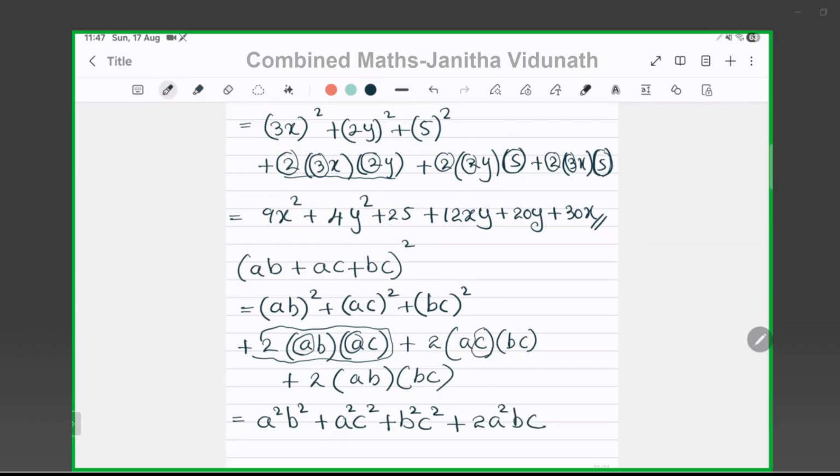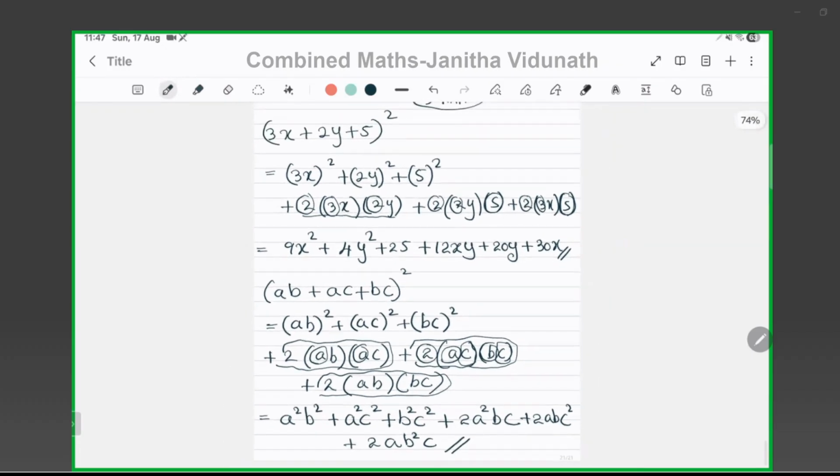Here we get c times c is c squared and there is a remaining a and b term and 2. Then from these terms we get 2 times abc squared. From the last part we get 2 times a times b squared c. This is the final answer.